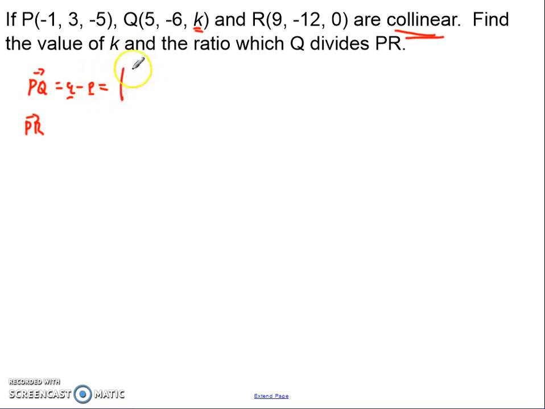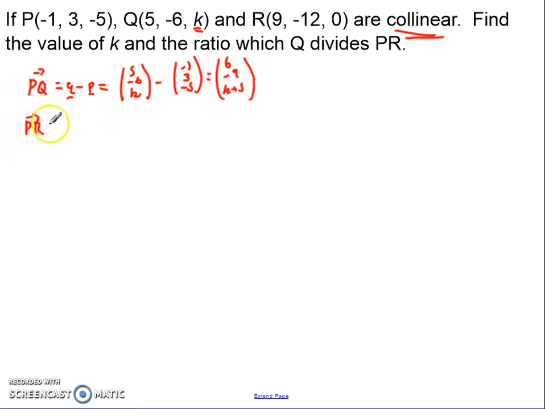So Q minus P is (5, -6, k) take away the P, which is (-1, 3, -5). So we now go through each of the parts. 5 minus -1, 5 plus 1, that gives me 6. We then get -6 minus 3, gives me -9, and then k minus -5 is k plus 5.